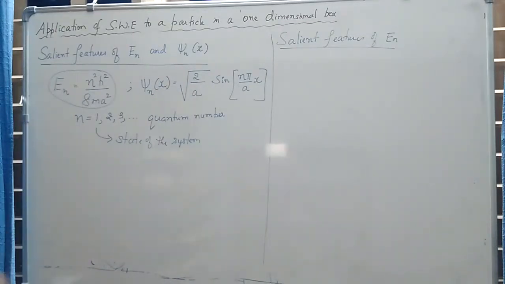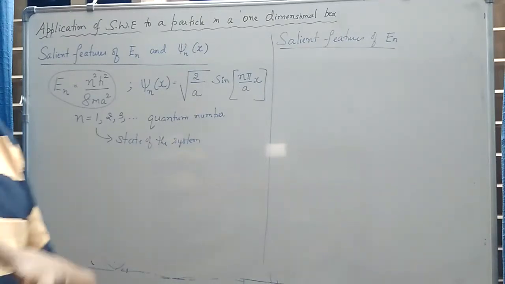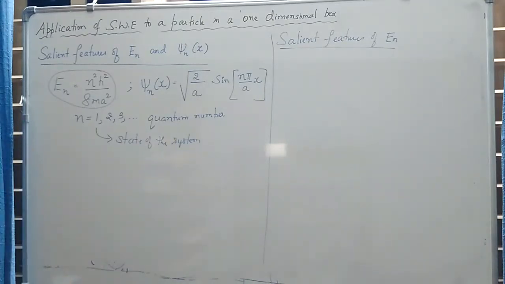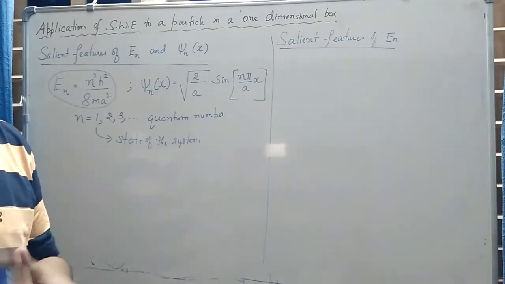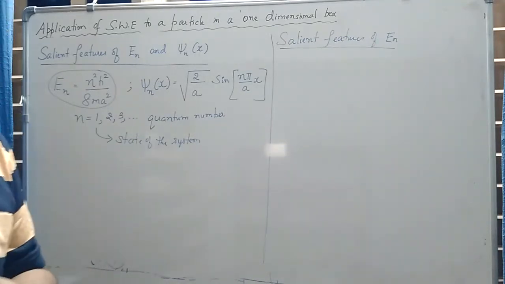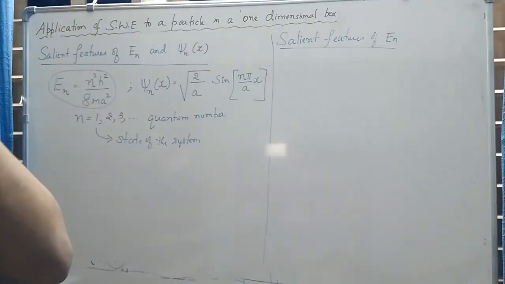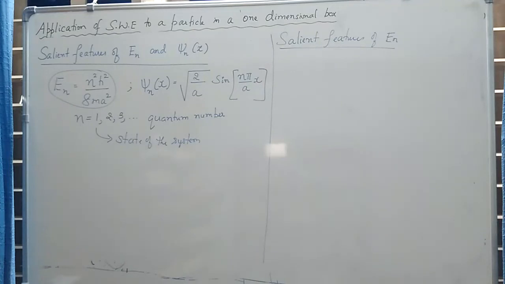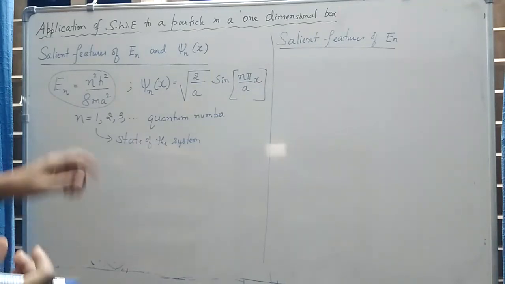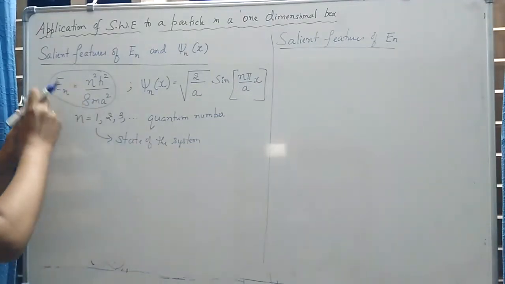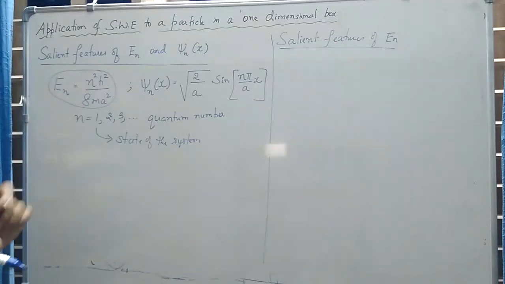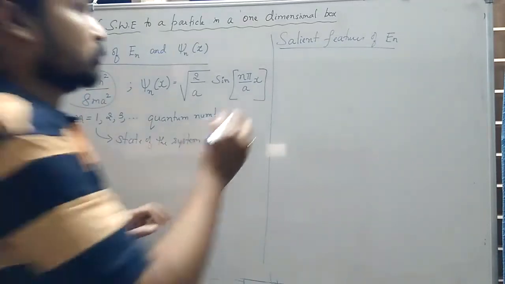So if the potential energy is 0, then the total energy is nothing but the kinetic energy of the particle. The total energy is the sum of kinetic energy and potential energy. Since potential energy in this case is 0, the total energy is nothing but the kinetic energy of the particle.